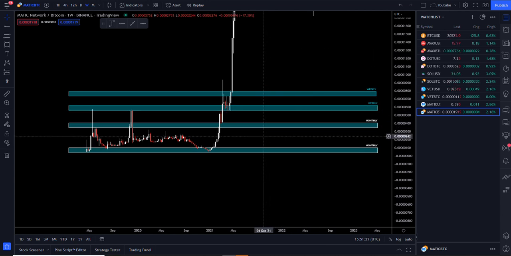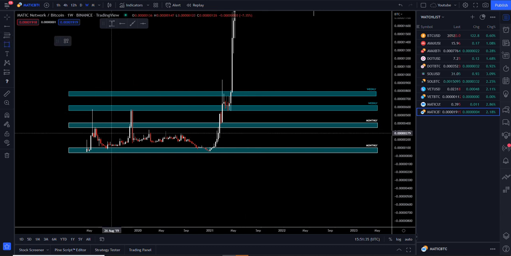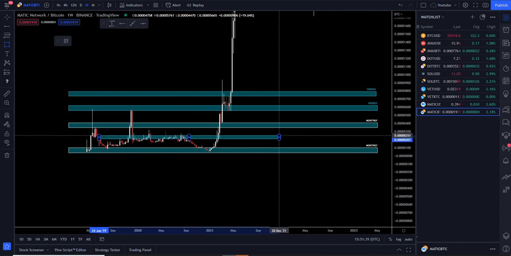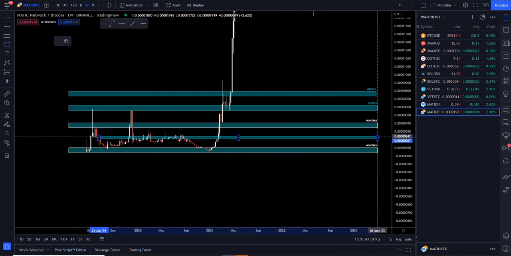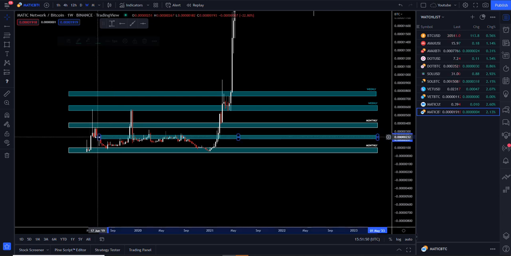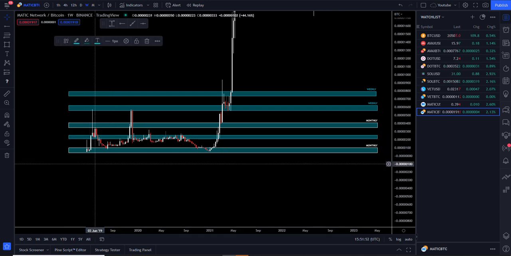Unless we could have a level in here. See where we've got this level of resistance here. Dragging it across, you see quite a lot of resistance across that level. Let's drag it out. Cool.